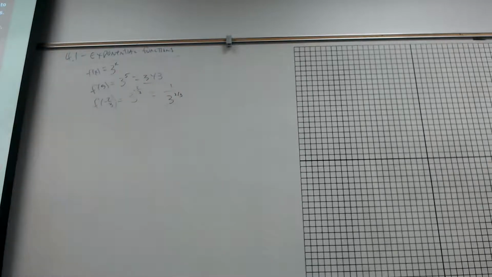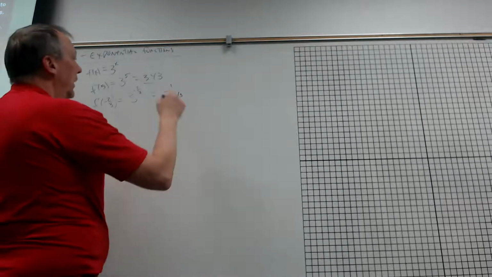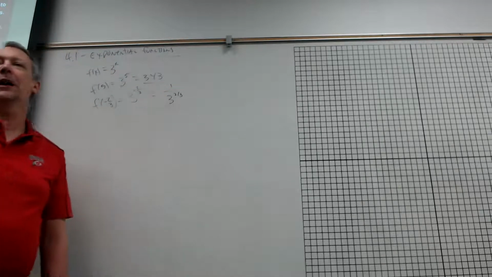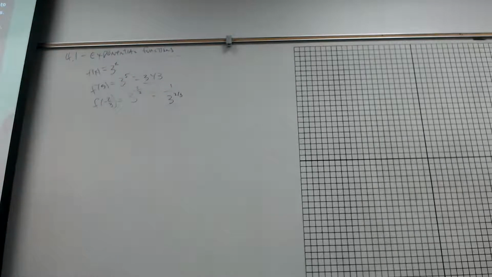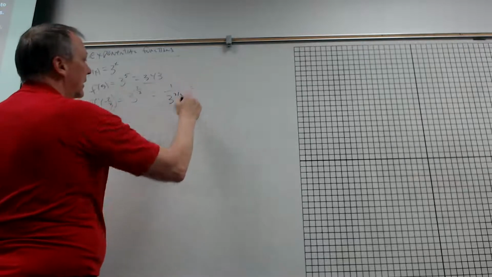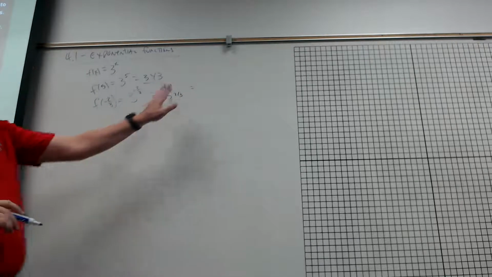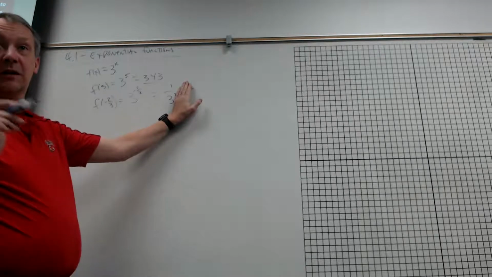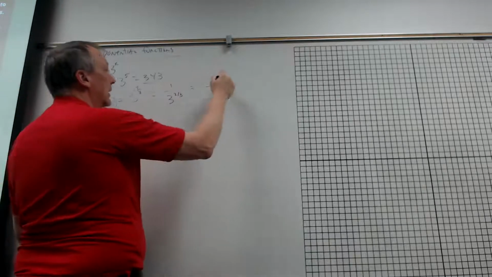Now let's talk about how to simplify this. One way we could rewrite this, if it was the 1/3 power, how would you rewrite that? You could write that as 3 squared, which would be 9.